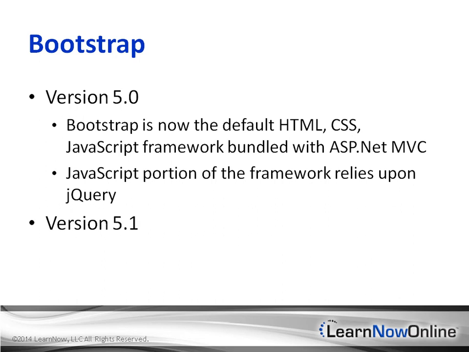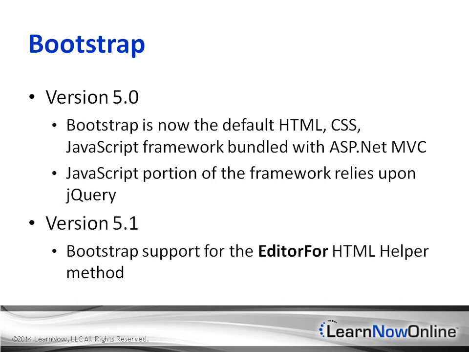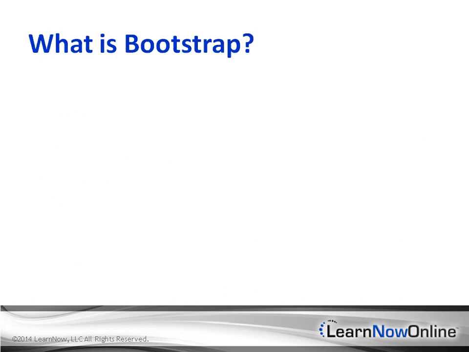In version 5.1 of MVC, things get a little bit nicer. There is support in the editor for HTML helper to pass in some additional HTML attributes, which are helpful to setting up and configuring your Bootstrap framework on the client side.